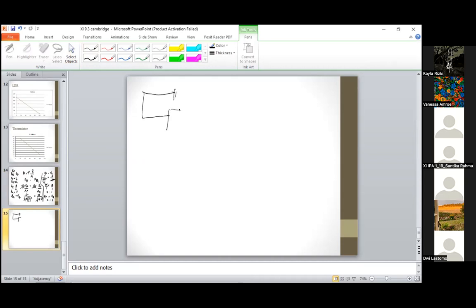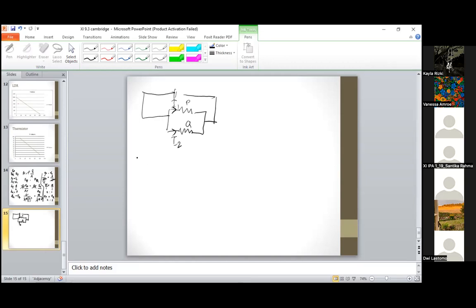This is P, and this is Q. The current that passes through P is I1, so this is I1 and this is I2.